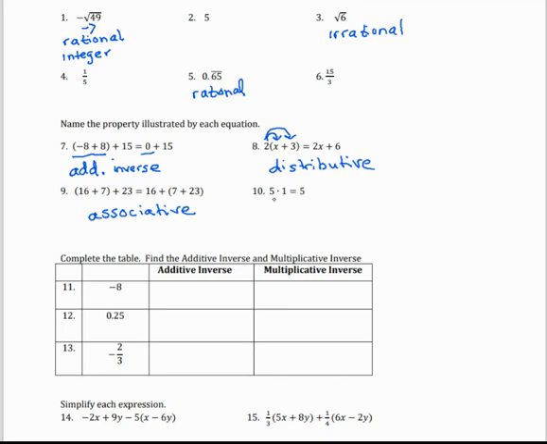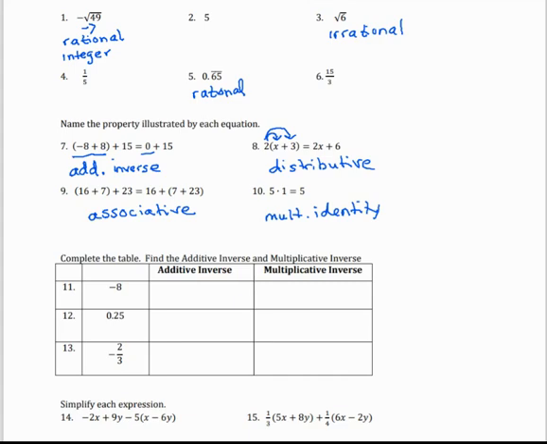And number 10, what's happened here is that 5 times 1 is 5. When you're keeping a number exactly the same, that's an identity, right? An identity keeps yourself the same. In this case, I'm multiplying, so we have the multiplicative identity. With addition, to keep a number the same, we would have to have 0. So 0 is the additive identity.